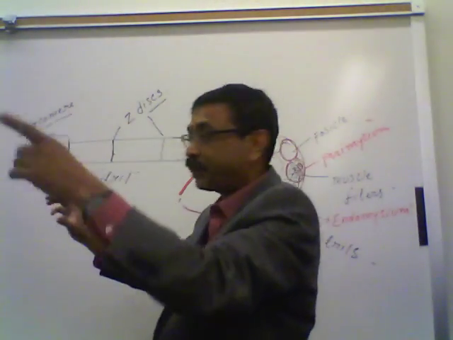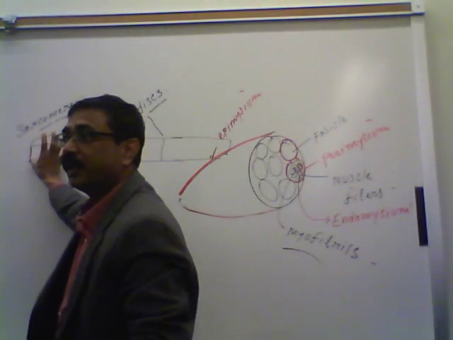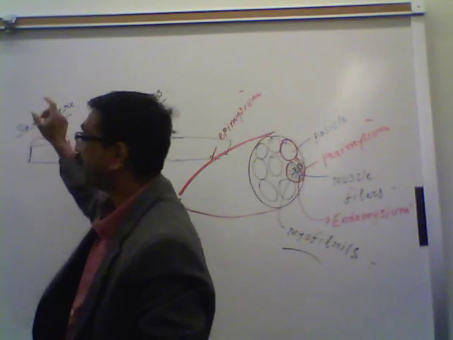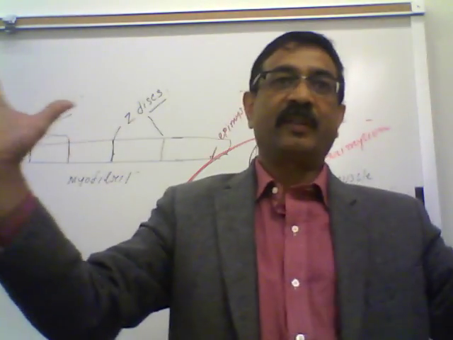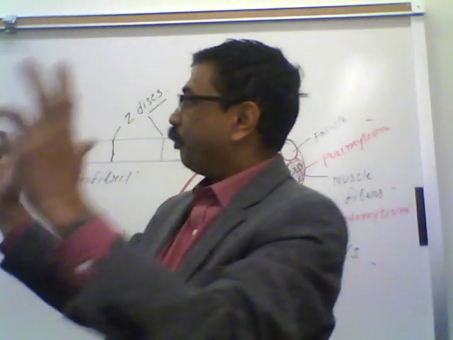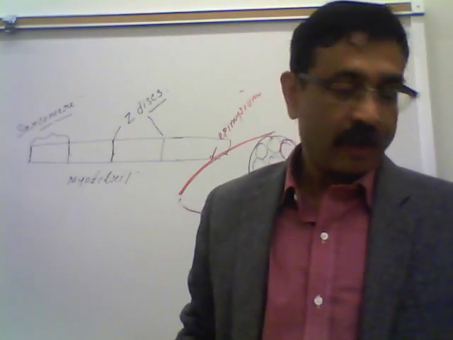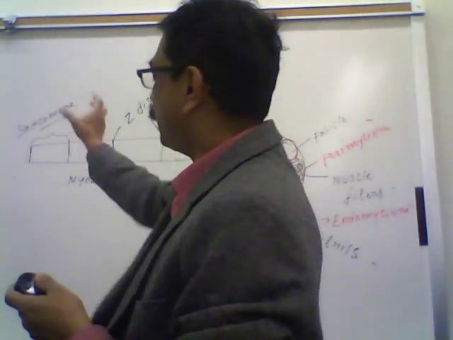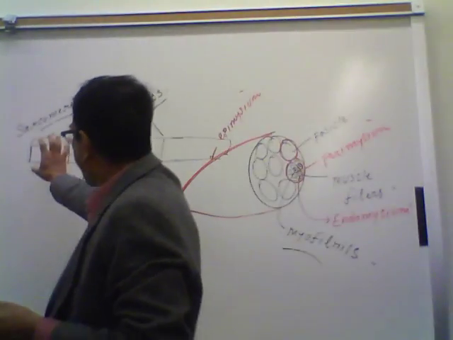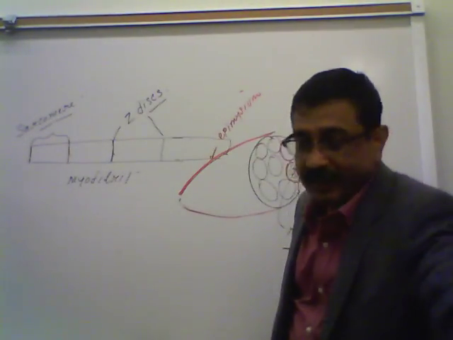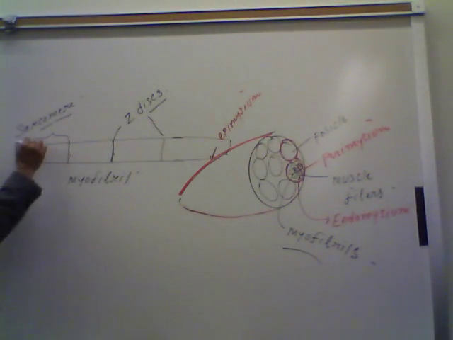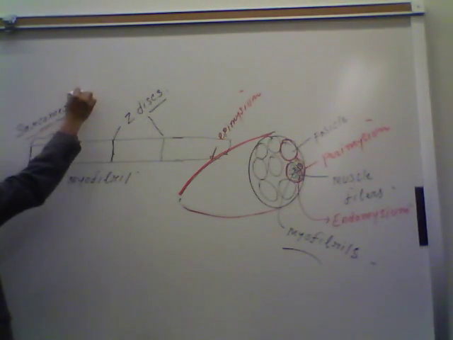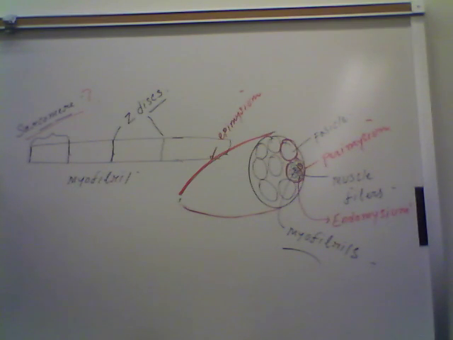So the contraction starts from the shortening of the sarcomere. So that's how the muscle contraction occurs. Now we will see how the sarcomere gets shorter.